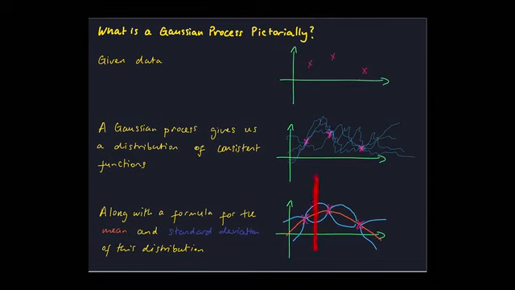There's a formula that tells you the value of the mean and what the standard deviation is at that point. Then you can sweep that point along the x-axis and get this mean and this standard deviation. So it basically gives you a formula for drawing this picture. That's one way to think simply about what a Gaussian process is.